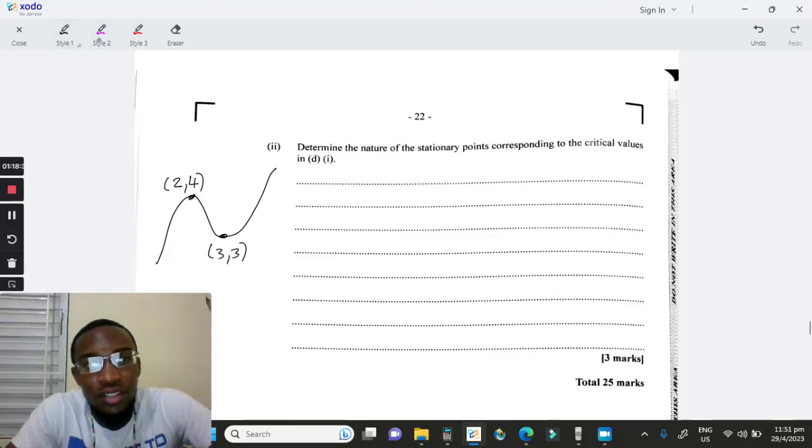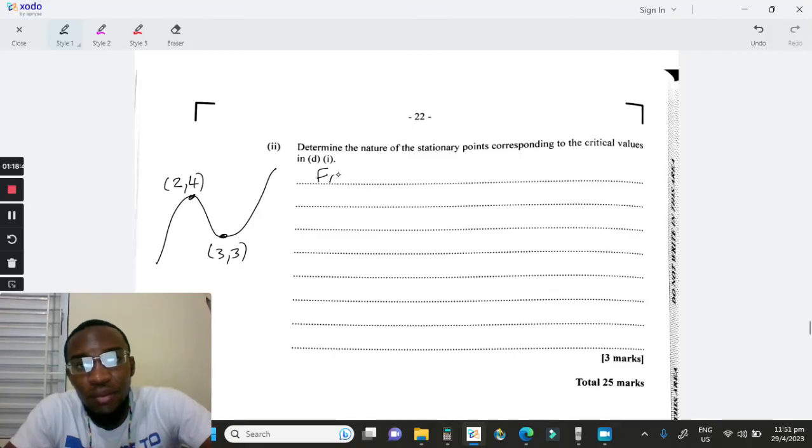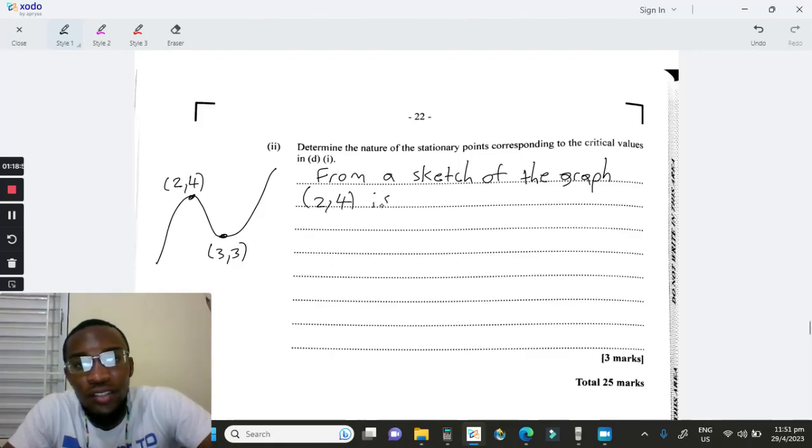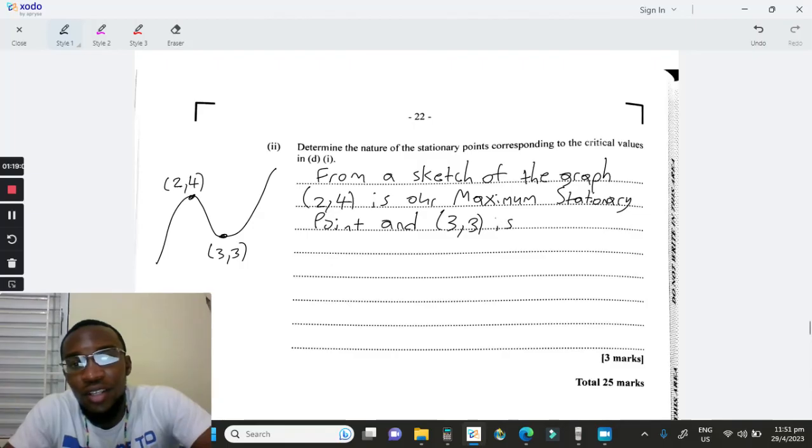So we could tell them from a sketch of the graph that (2, 4) is our maximum stationary point, and (3, 3) is our minimum stationary point.